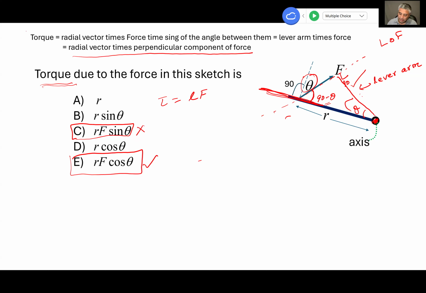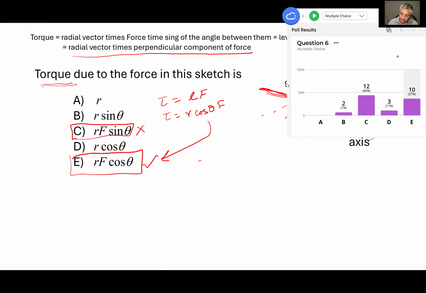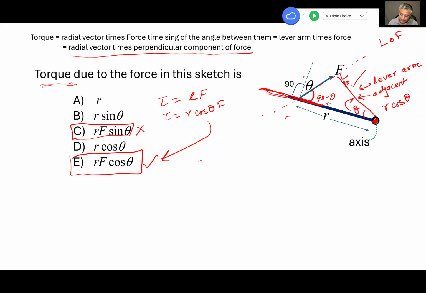And now that gives you this as an adjacent. And that's how it picks the cosine component of r. And the torque becomes r cosine theta times F, which is the same as this. All three different methods here. So E is the correct answer in this case.